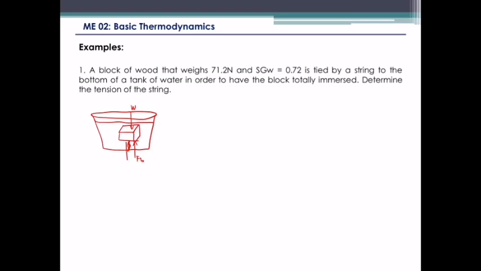Now, what is the direction of the tension, class? If it were not tied, the object would float upward, but since it is tied, it is fully submerged. Therefore the tension is opposite the direction of the object's motion, so this is our tension.